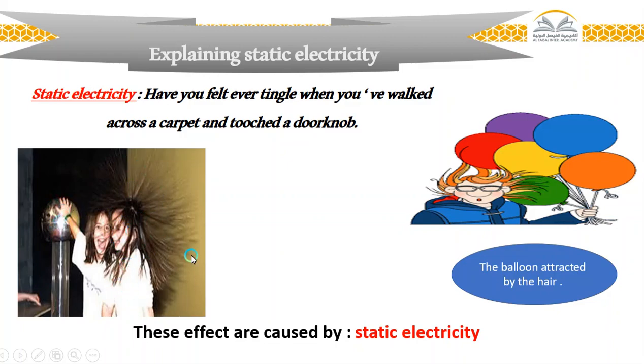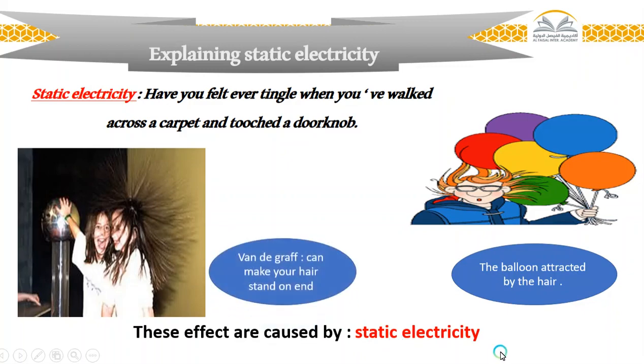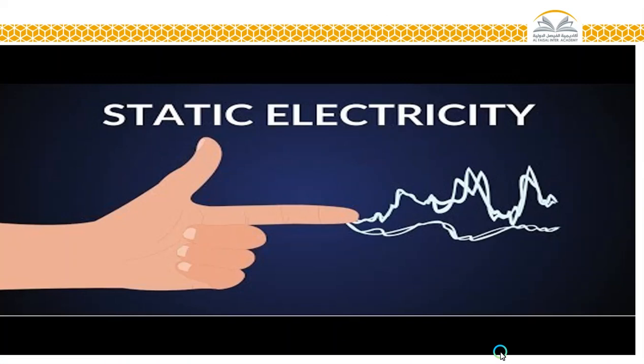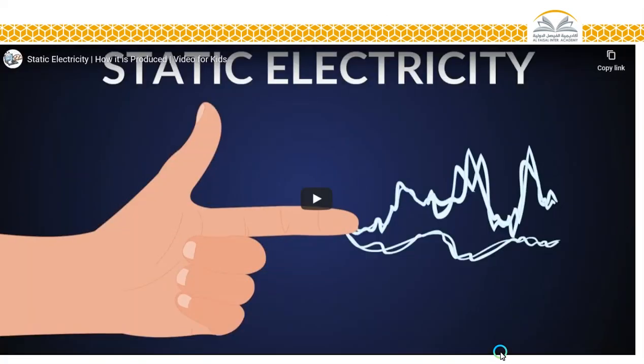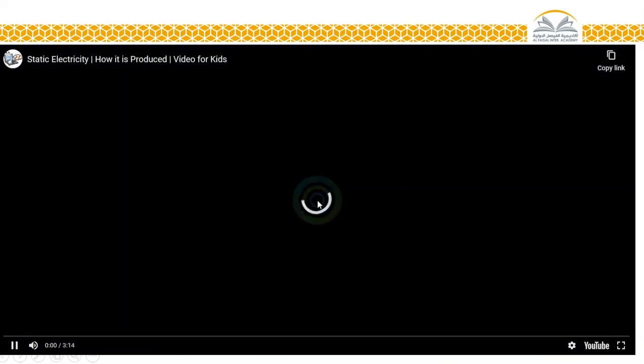They become electrically charged. Those effects are caused by static electricity. It is one of the most important phenomena that we're going to study today. So try to follow this video, and after that you can understand many things about static electricity.